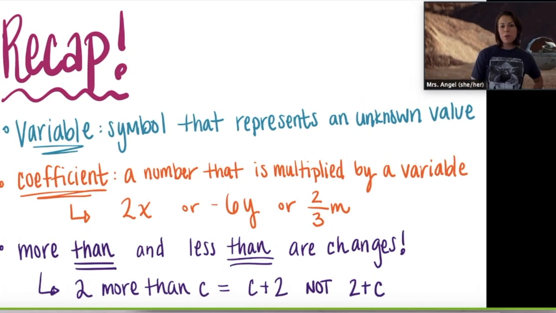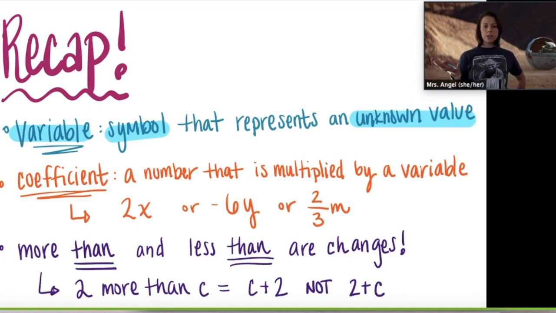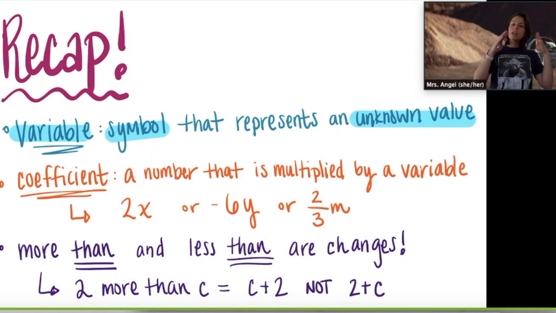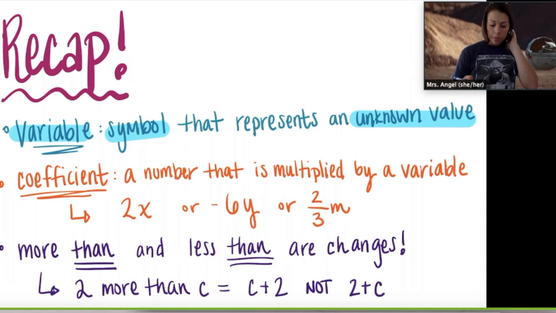Great effort, Math Padawans. You'll go over those with your teachers later on. Let's recap some of the important vocabulary that we learned from today. So first, we talked about a variable. Variables are symbols that represent unknown values, and that will start to make more sense as we get into evaluating expressions and solving equations.